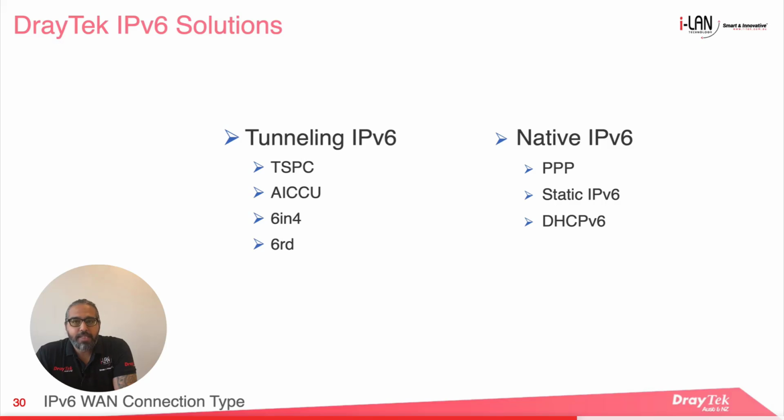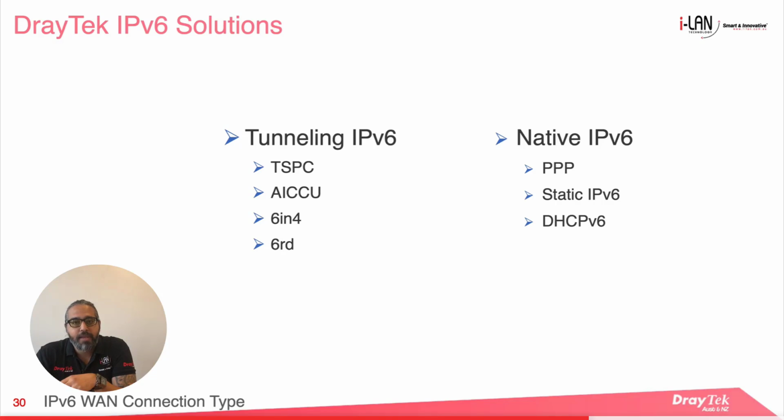Native IPv6 is normally provided by your RSP as an additional service, as we saw in the video. DrayTek supports PPP, static IPv6, and DHCPv6 for native IPv6, just like IPv4, which uses PPPoE, DHCP, and static IP connection types. This will require dual stack routers.